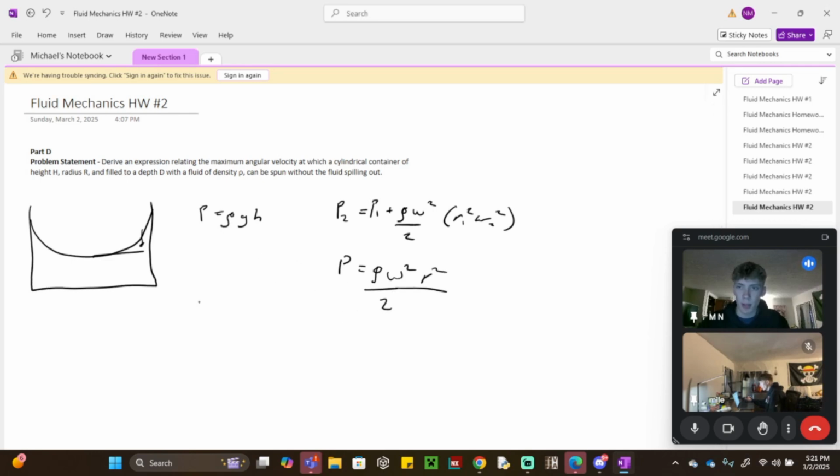And if we compare this pressure to this pressure, because they're equal, we'll get rho gh is equal to rho omega squared R squared over 2. And we will get H being equal to omega squared R squared over 2g. So this is our H.